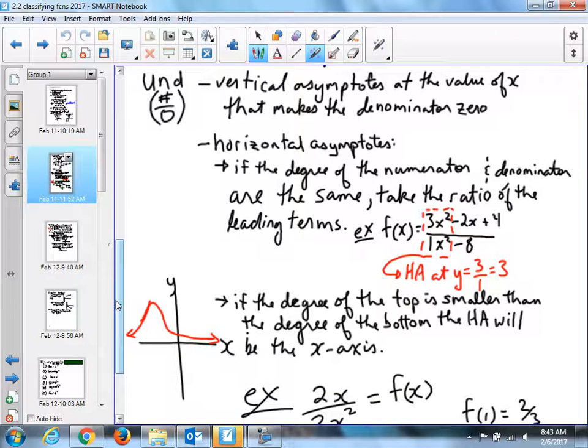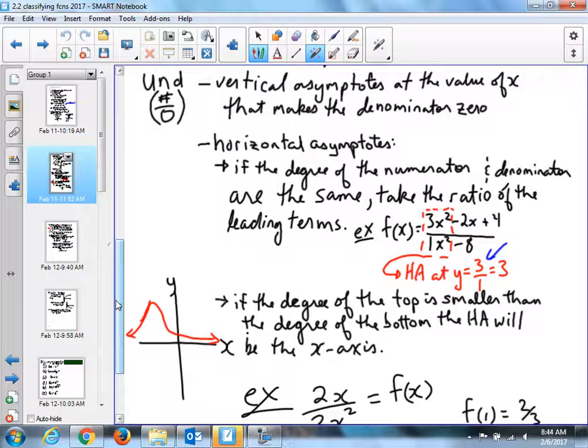If the degree of the numerator and denominator are the same, just take the ratio of the leading terms. So if I have this full expression here, 3x squared minus 2x plus 4, all over, I put in 1x squared just to show something here, x squared minus 8. Now, I have a box here, and I know yours isn't printed in color, so the rest of the stuff doesn't really matter as far as horizontal asymptotes are concerned. As long as you take a look at the lead terms, 3x squared divided by 1x squared, 3 over 1, the horizontal asymptote is going to be at 3.